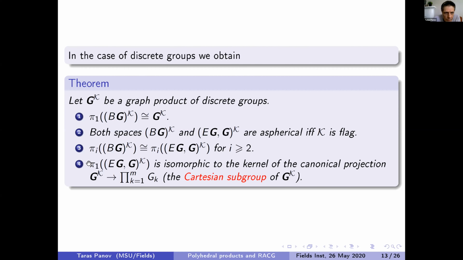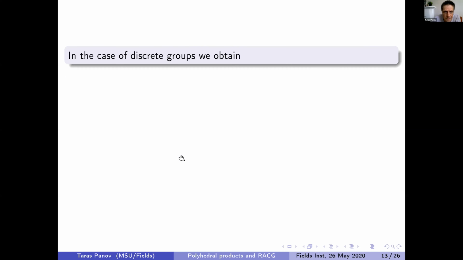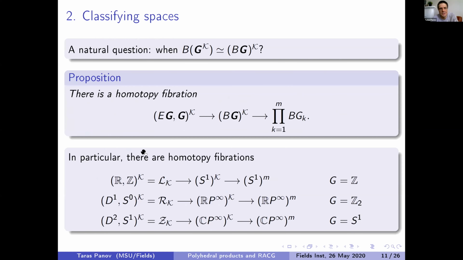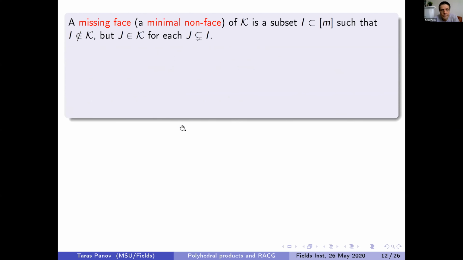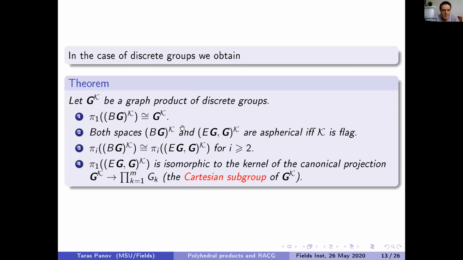And the fundamental group of this pair: remember we had this fibration, and this pair features in this homotopy fibration, like a fiber of these inclusions. So that's an important pair. The fundamental group of this pair is isomorphic to the kernel of the canonical projection from the graph product to the Cartesian product. It's sometimes called the Cartesian subgroup of the graph product.